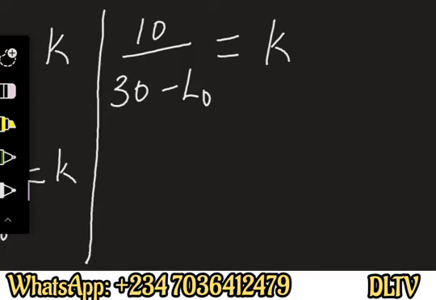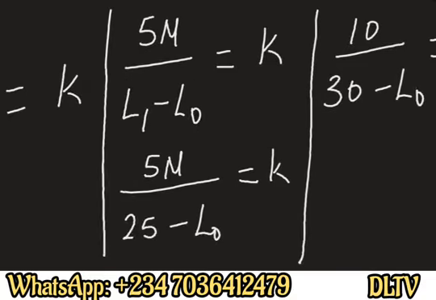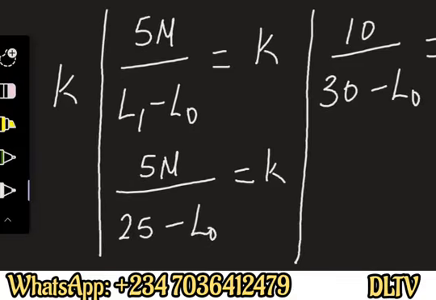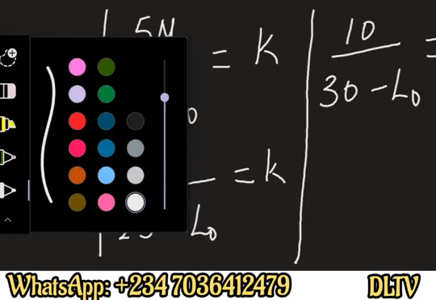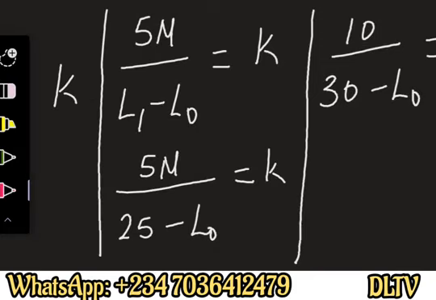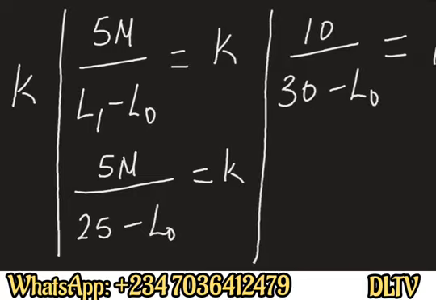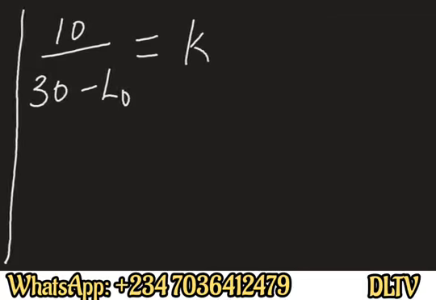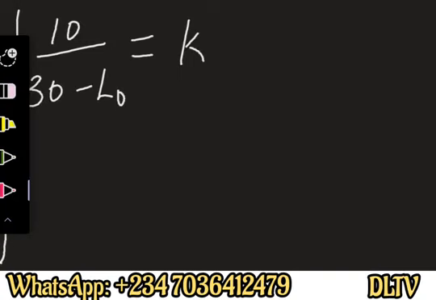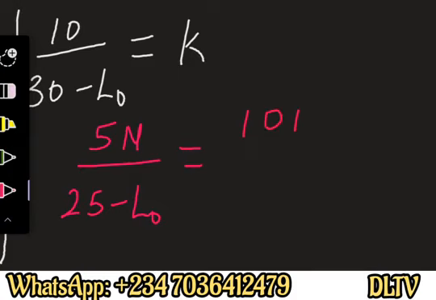and also we are seeing that 5 Newton over 25 minus L0 is also equal to K. What does that simply mean? That means that 5 Newton over 25 minus L0 can be said to also be equal to 10 Newton over 30 minus L0. You can pause and think about this.